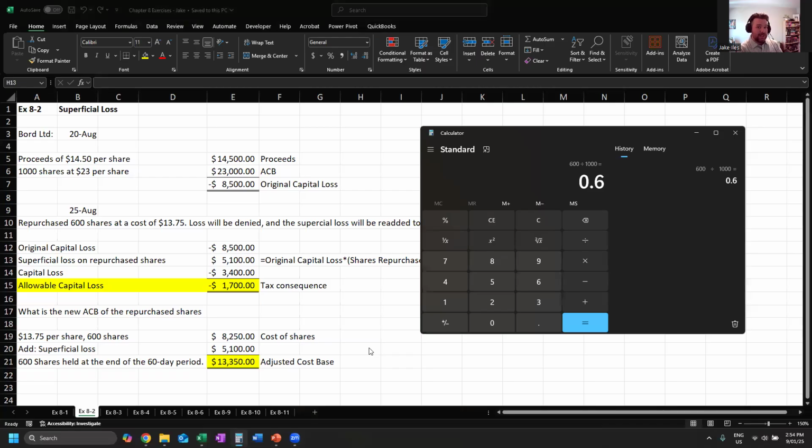So 60% of our original loss is superficial. So when we multiply that by our 8,500 loss, $5,100 of the loss shouldn't be allowed. $5,100 was superficial. It's a loss that only appears on the tax return because we still have the shares. So we're going to remove $5,100 of the capital loss.